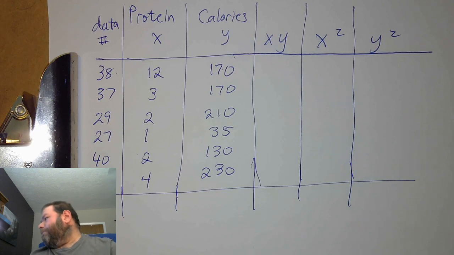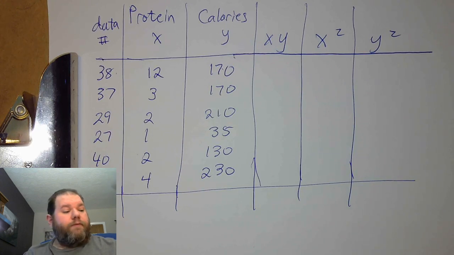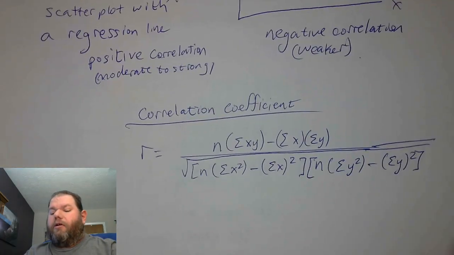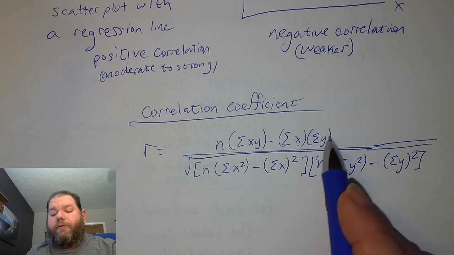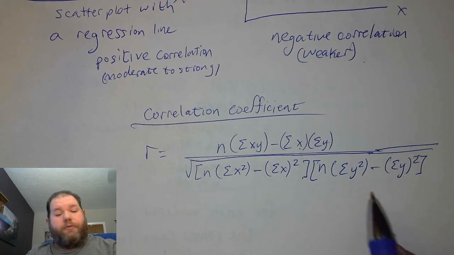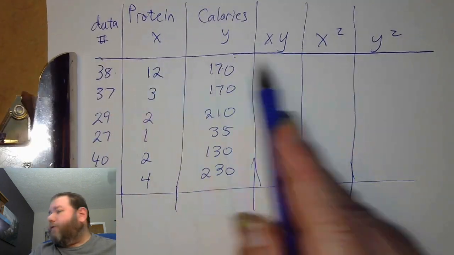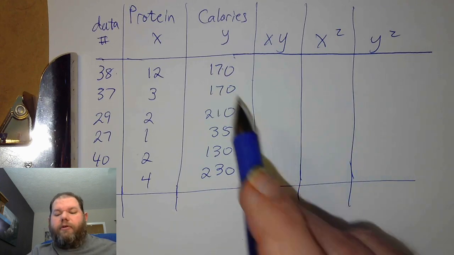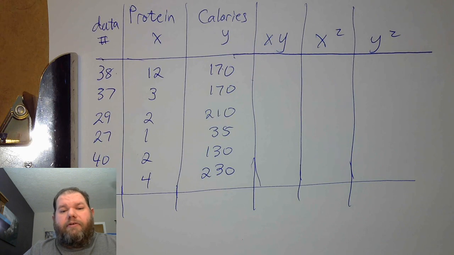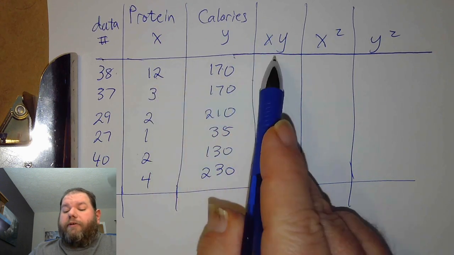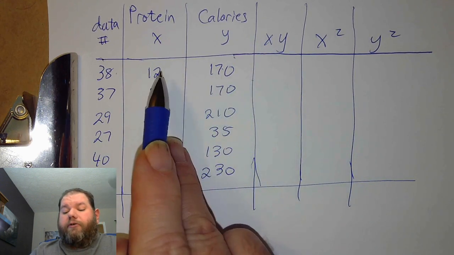If you recall from the formula that I wrote down, which you can see here, I want to add up all the x's times the y's, all the x's, all the y's, the x squares, and the y squares. That's all 5 of these columns right here. So we'll need the sum for each one of those to be able to plug that into the formula for R. So we'll do x times y first, so we just go across.